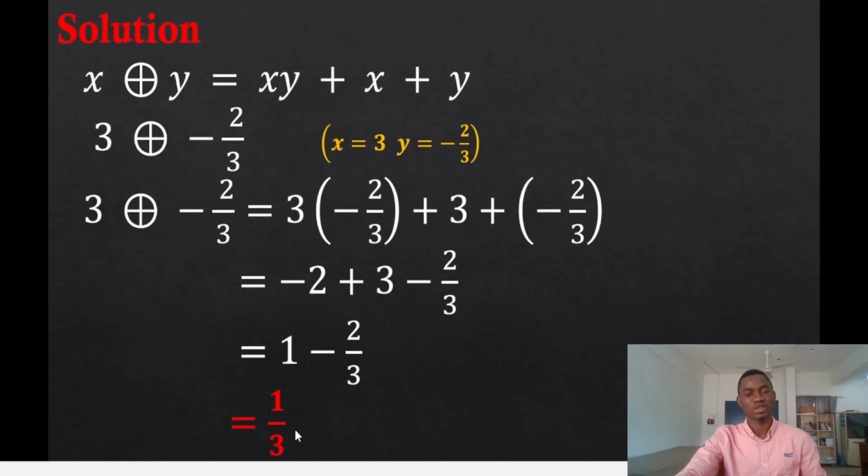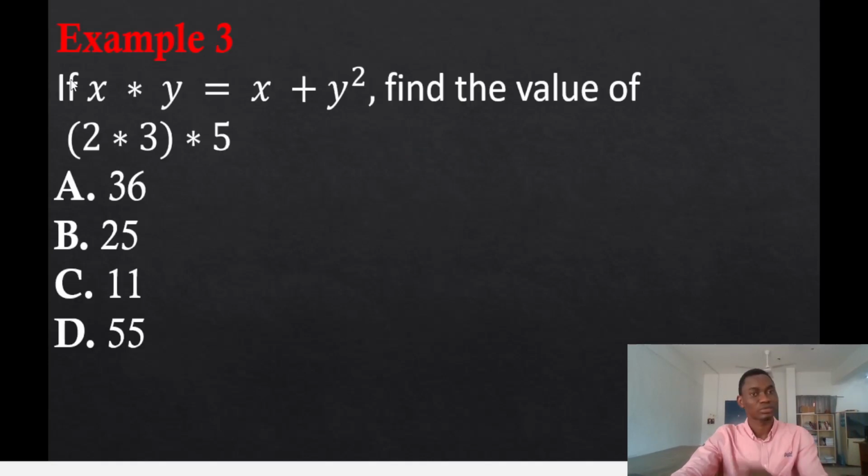Okay, 1 over 3 is the value that is returned when 3 and minus 2 over 3 are combined based on this formula. That is very, very simple enough.